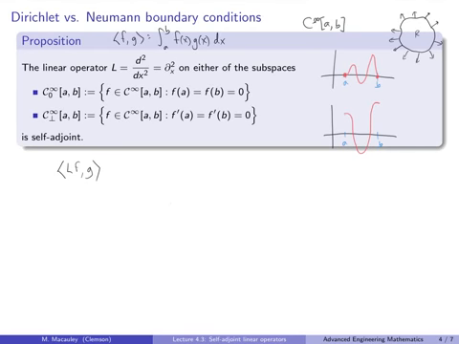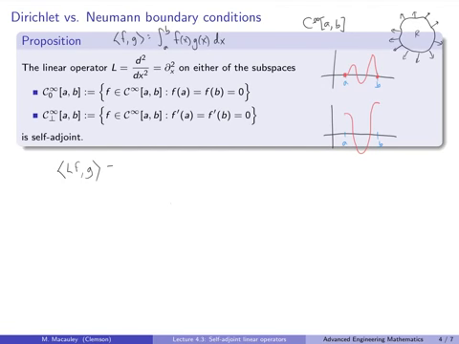No surprise there. Let's just assume everything is real valued. I don't want to deal with complex conjugates. There might be a few technicalities, that's really making things harder than we need to. And there's nothing tricky about showing this is self-adjoint. It's just basically integration by parts. So let's see it.